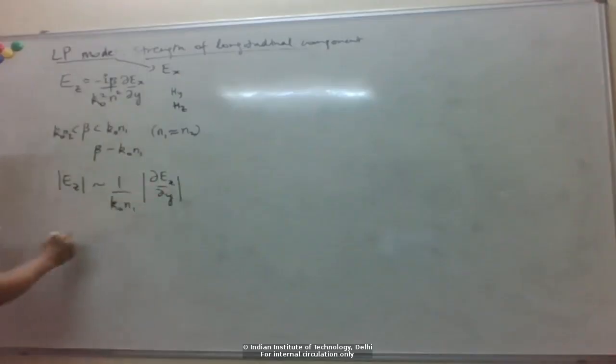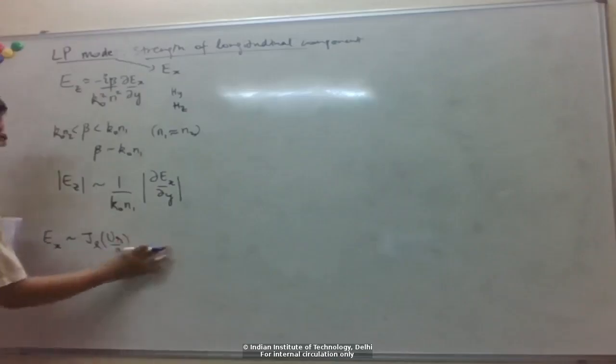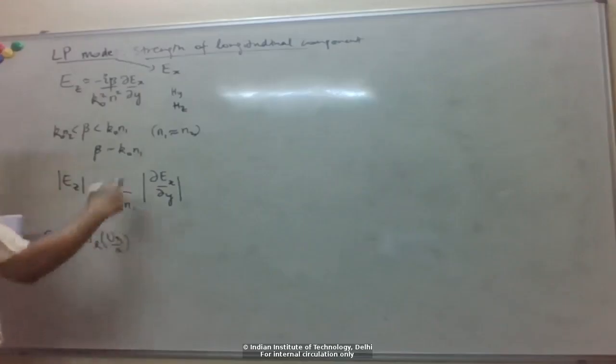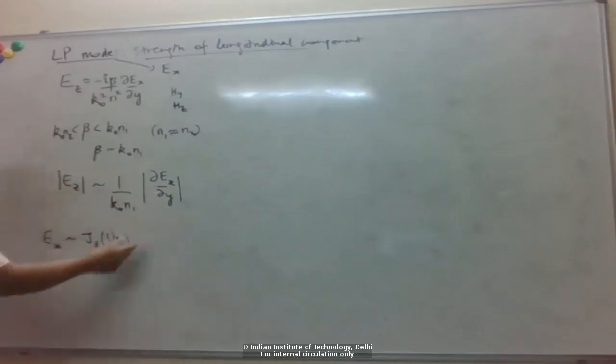Now again from the solution, we know that this is the Bessel function. At times we have some sine or cosine, but that only varies between 0 and 1, so let's say the maximum value we can take is this.